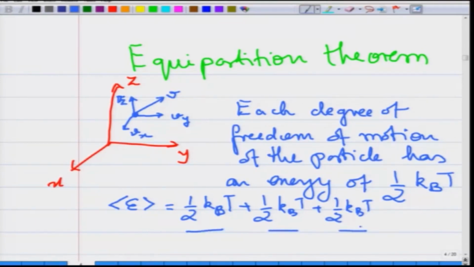Each half kBT is for each degree of freedom, and therefore the average total energy of this particle turns out to be 3/2 kBT.